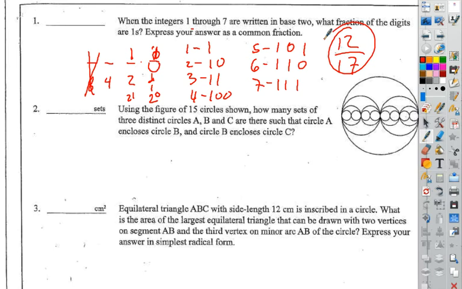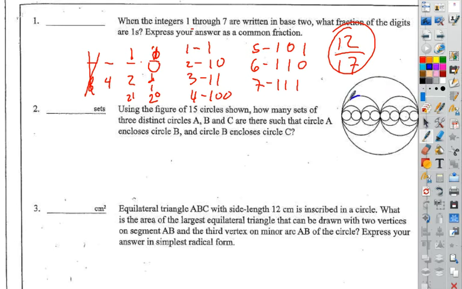All right. So I have 15 circles, and I need to know how many distinct sets of 3 circles, A, B, and C, I can have all enclosed, like little nesting dolls, like those little Russian dolls. So the first thing I'm going to do is look at the smallest combination possible.